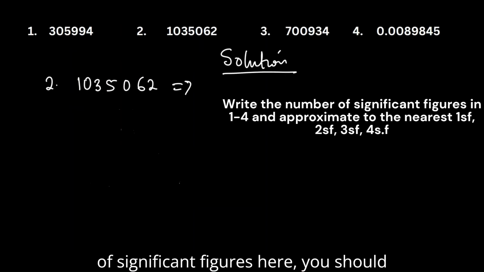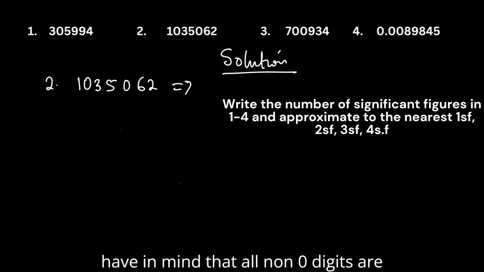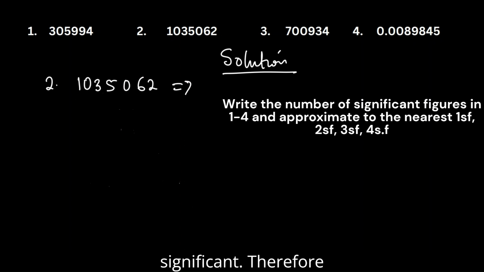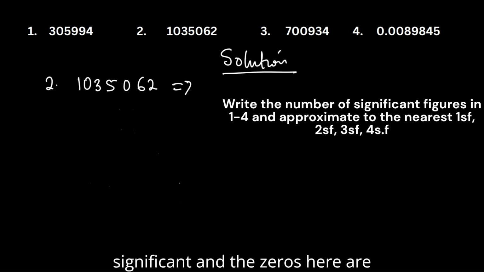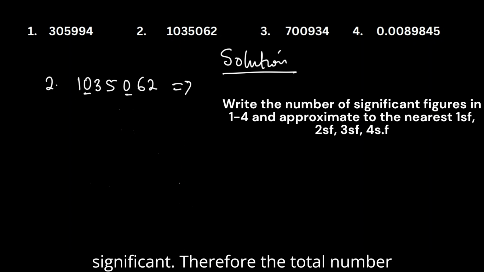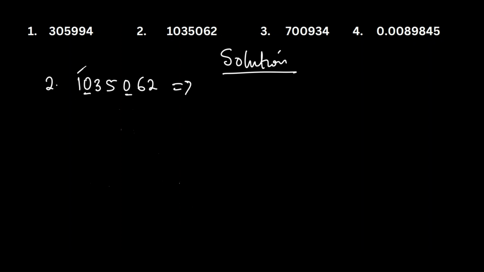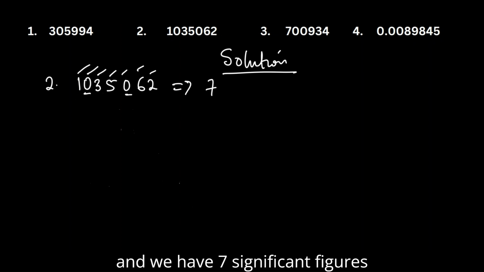To count the number of significant figures here, you should have in mind that all non-zero digits are significant. Therefore, 1, 3, 5, 6, 2 are significant, and the zeros here are captive. Captive zeros are also significant. Therefore, the total number of significant figures here include 1, 2, 3, 4, 5, 6, 7, and we have 7 significant figures here.